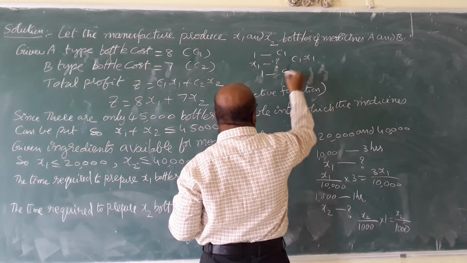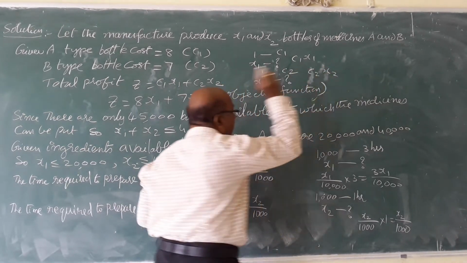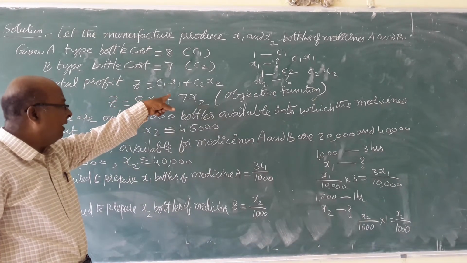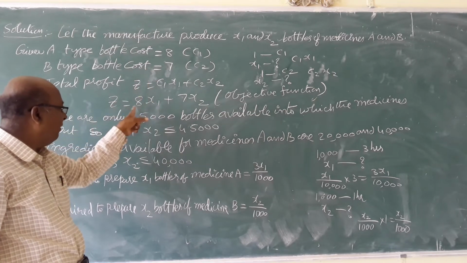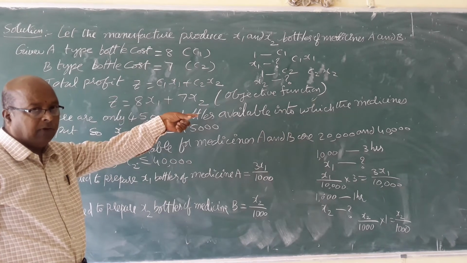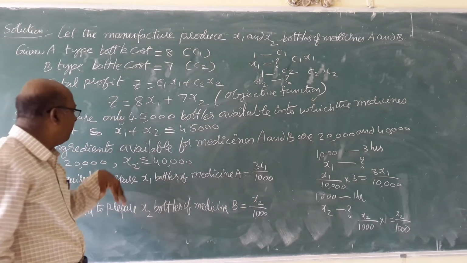One bottle C2, so x2 bottles give C2 x2. So total profit is C1 x1 plus C2 x2. C1 means 8, C2 means 7. So 8x1 plus 7x2 is our objective function. Profit means we maximize it.